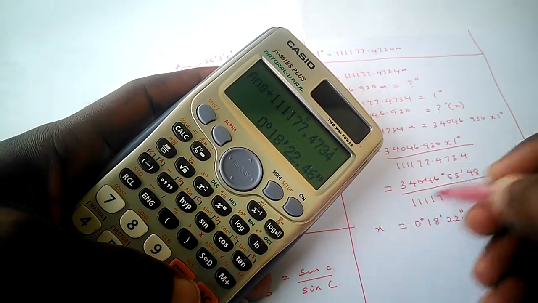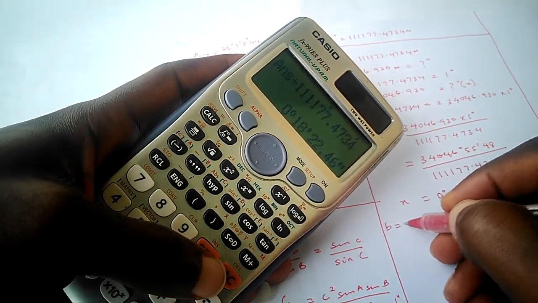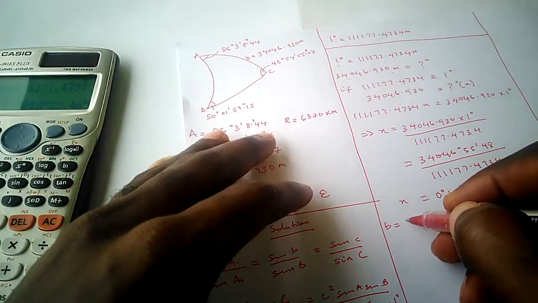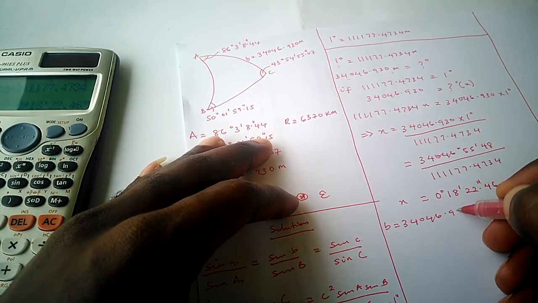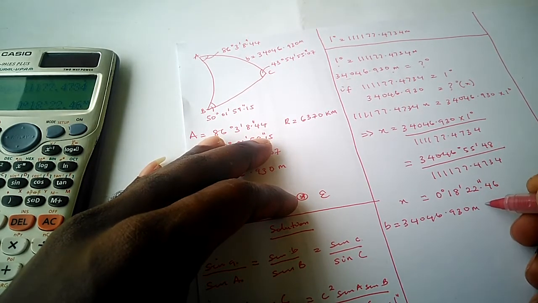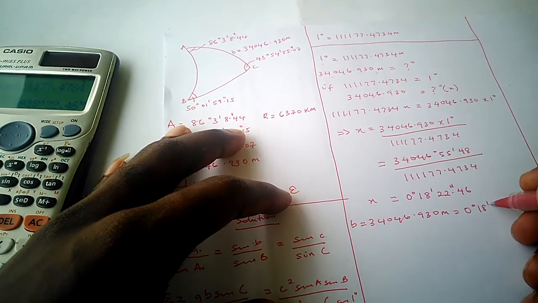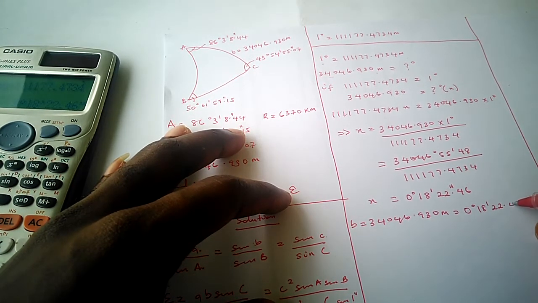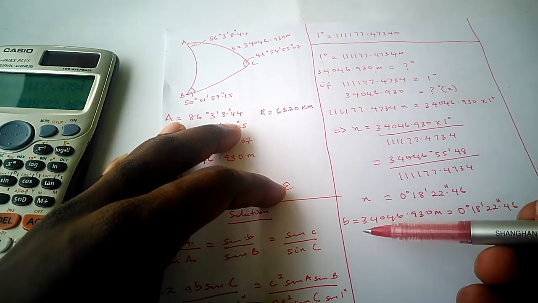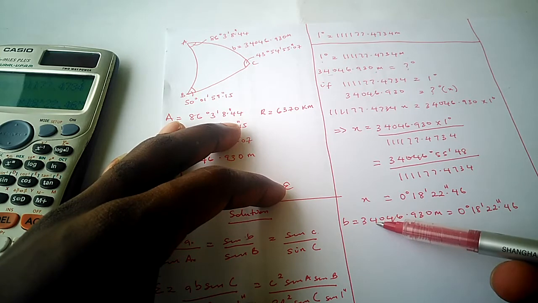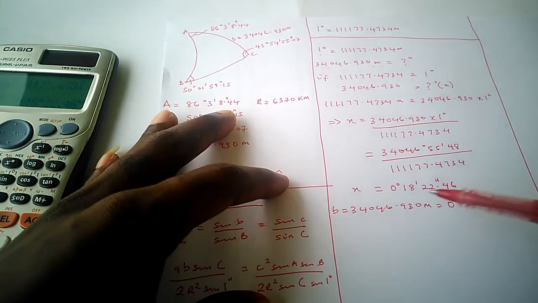This means that side B, which we have as 34,046.930 meters, is equal to 0 degrees, 18 minutes, 22.46 seconds. So this is the equivalent of this plane distance in arc distance. So that's the value for B.